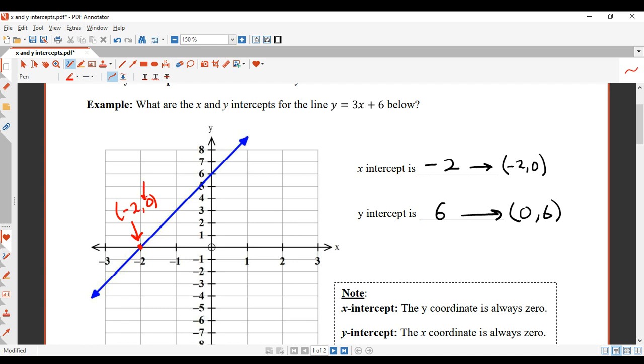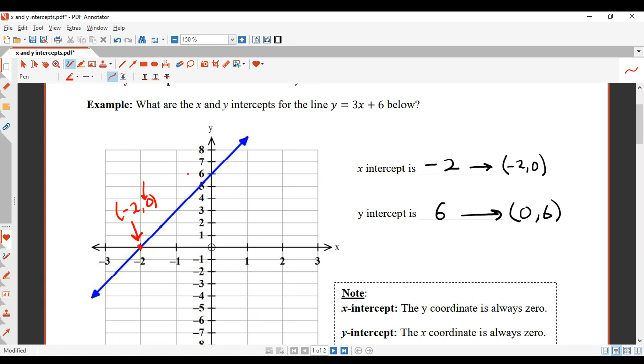So the y value of the x-intercept has to be 0 because the x-intercept sits on the x-axis, which corresponds to 0 on the y-axis. So for the x-intercept, the y-coordinate is always 0.